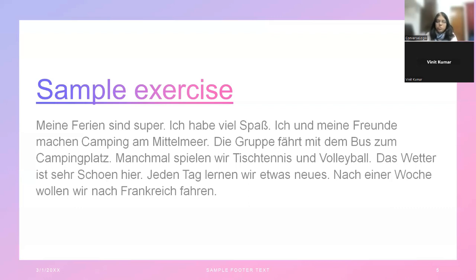So it's easy: "Manchmal spielten wir Tischtennis und Volleyball." "Das Wetter ist sehr schön hier." Ist is my verb. "Das Wetter war sehr schön." "Jeden Tag lernen wir etwas Neues." Lernen ist mein Verb. "Jeden Tag lernten wir etwas Neues." "Nach einer Woche wollen wir nach Frankreich fahren." "Nach einer Woche wollten wir nach Frankreich fahren."